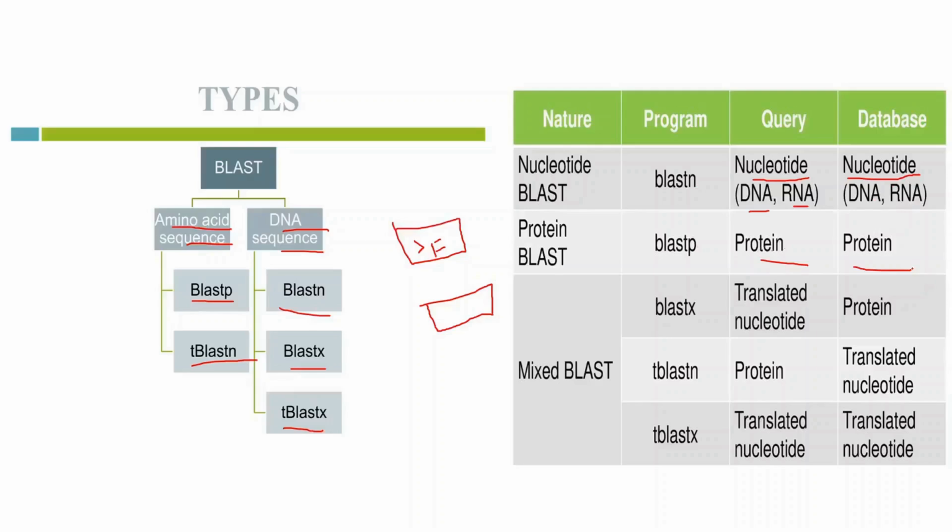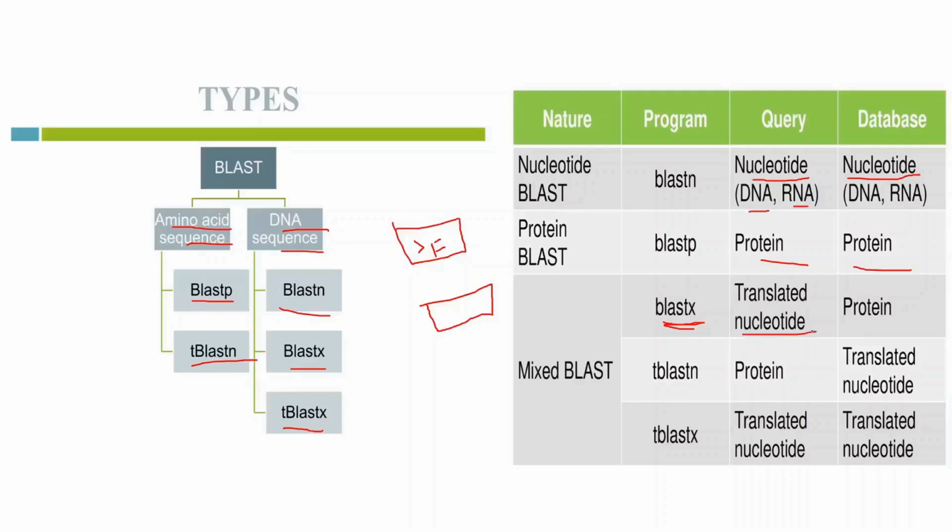Then you have the mixed BLASTs. The first one is BLAST X. How do you remember it? With BLAST X you have a nucleotide sequence, but you want to search against the protein database. The query sequence will be nucleotide.